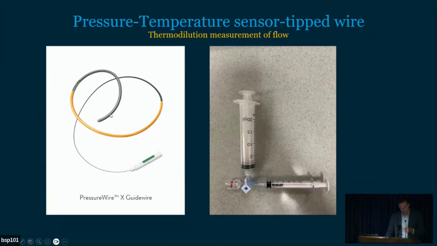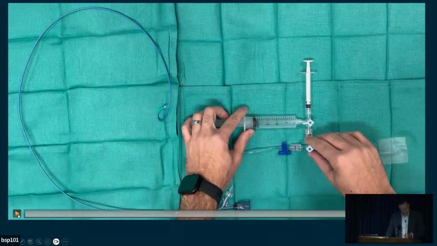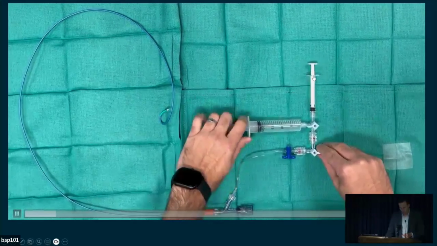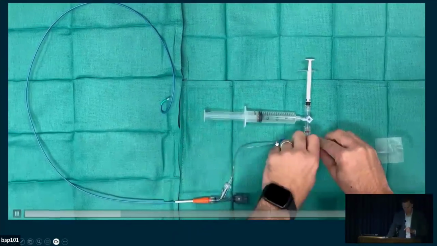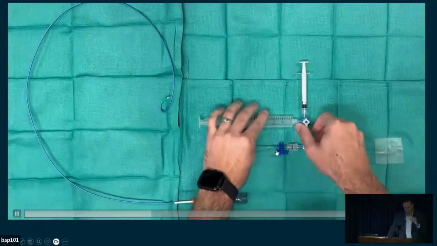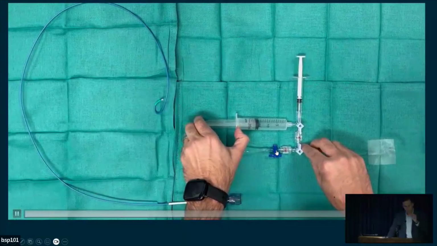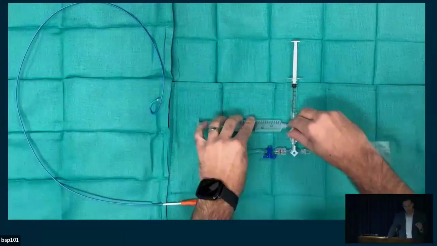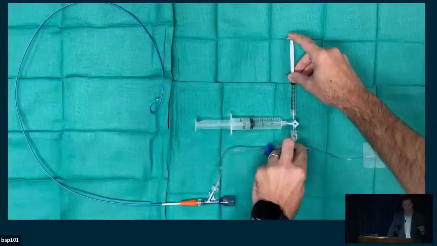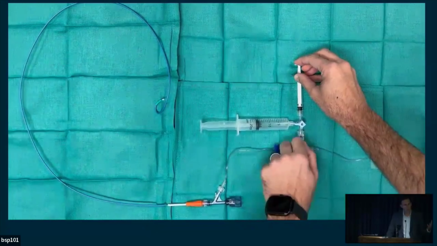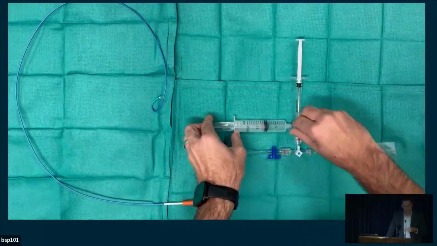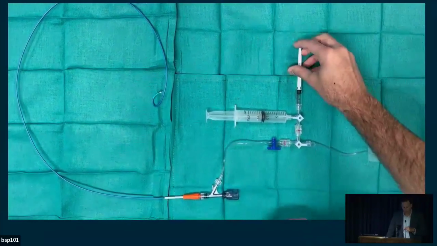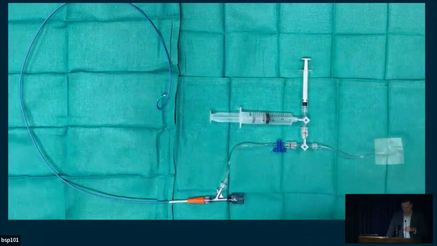So we put the wire down the vessel, and then we inject cold saline through a 3 cc syringe, and then it measures transit time, from the guide to the tip of the wire, to determine flow down the artery. This is very similar to how we do a right heart catheterization in the cath lab or in the ICU, like your thermodilution technique for calculating cardiac output. It's the same concept for performing microvascular dysfunction evaluation in the cath lab.